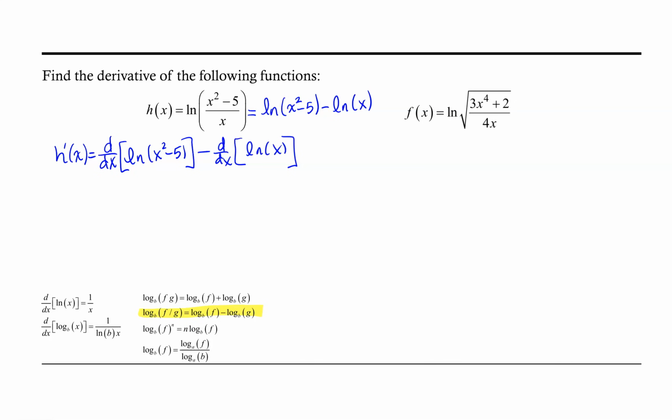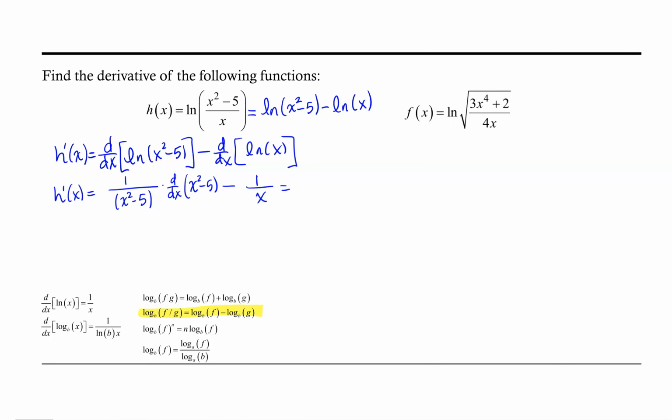Now, going ahead and finding those derivatives, h prime of x is going to be 1 over the argument of ln (x squared minus 5), so 1 over x squared minus 5, times the derivative of the argument, x squared minus 5, minus, in the second case, notice our function is simply natural log of x, so we don't need to use the chain rule in this case, and we simply have 1 over x.